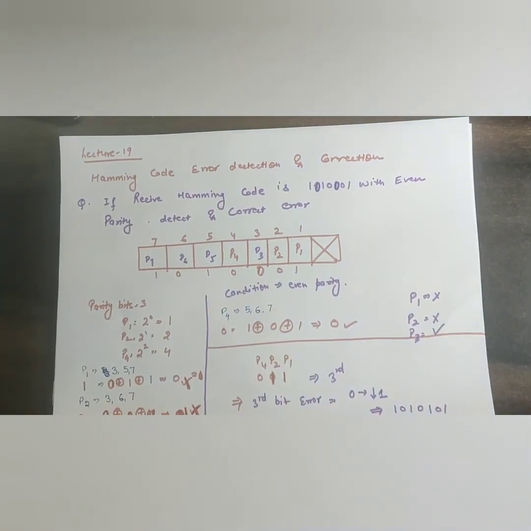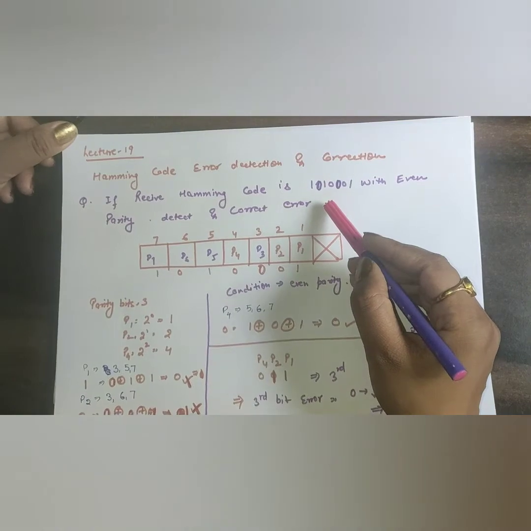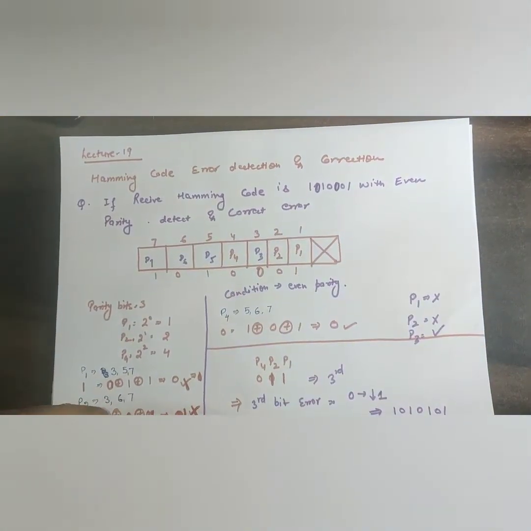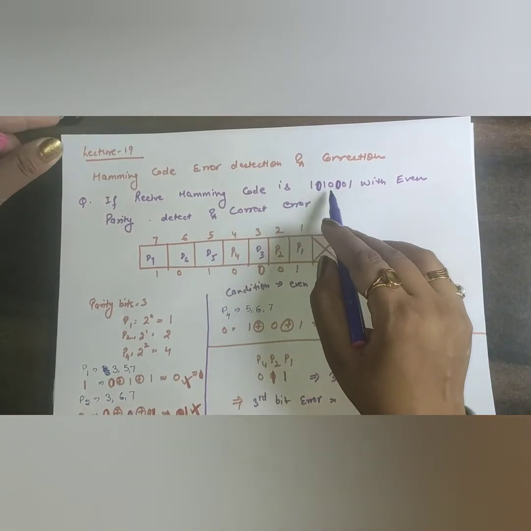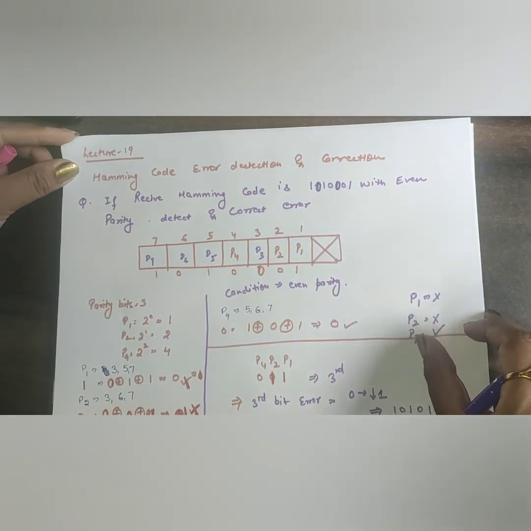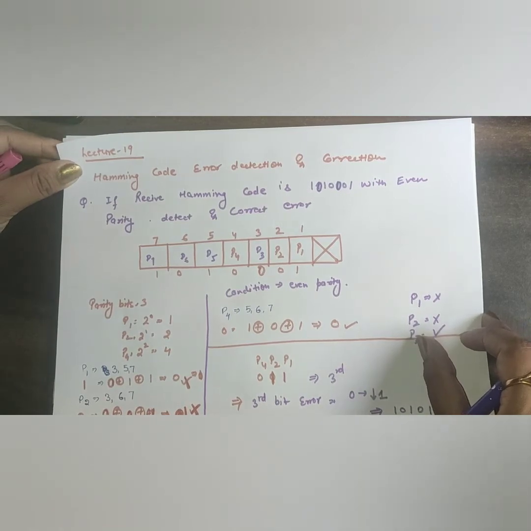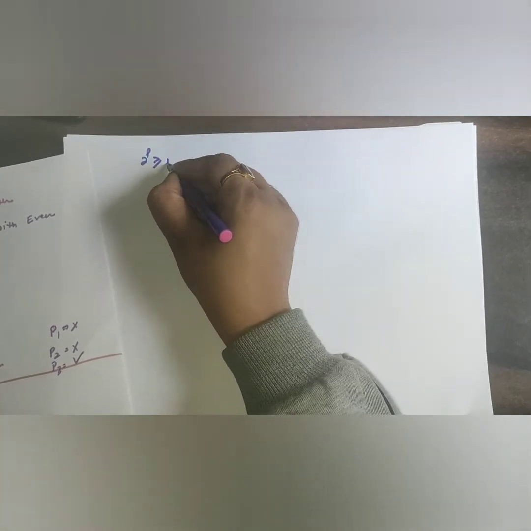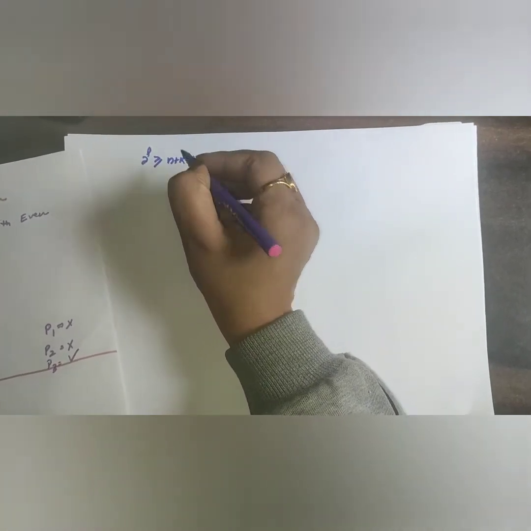First of all we have to find out the number of bits and the number of parity bits. The total number is 1 2 3 4 5 6 7. In a 7-bit Hamming code, you can check by 2 to the power p greater than or equal to n plus k plus 1.